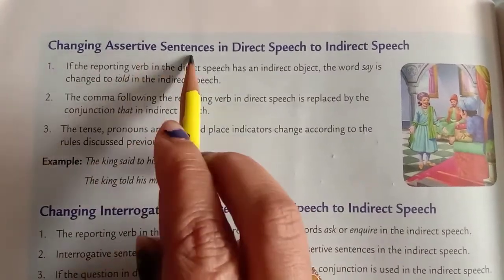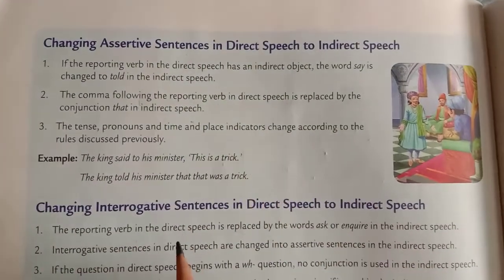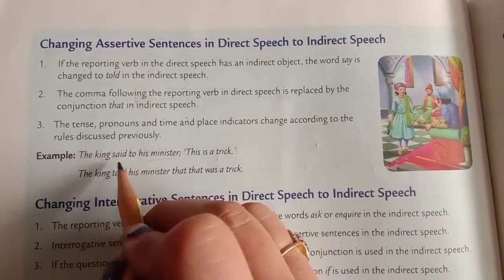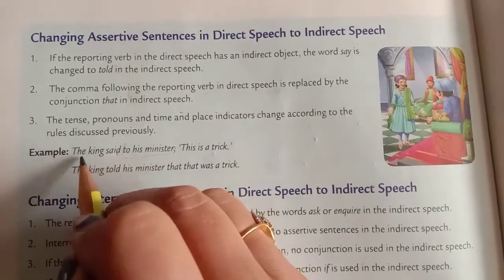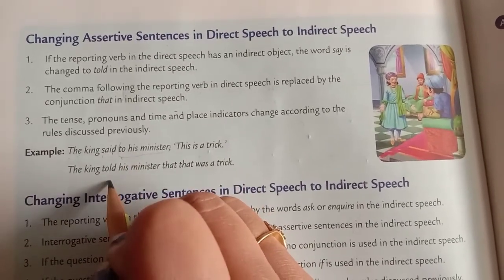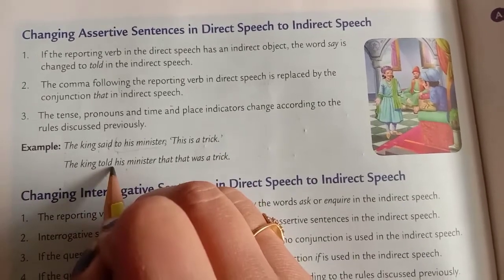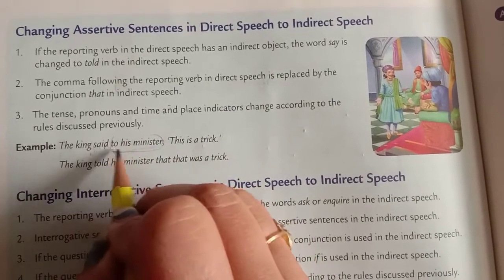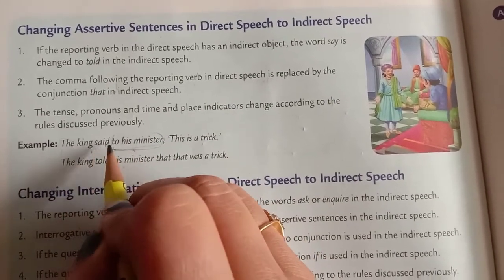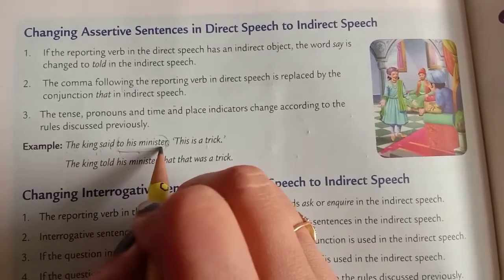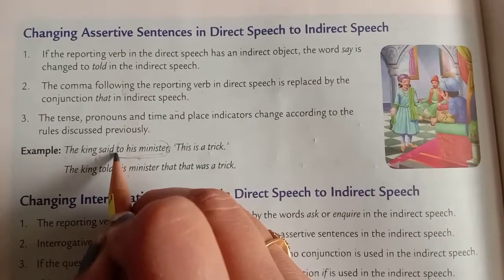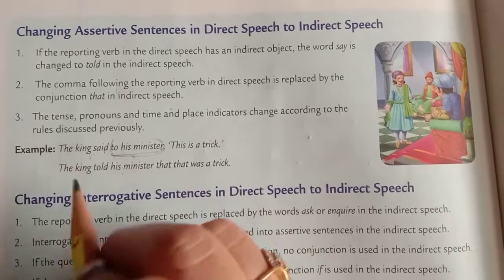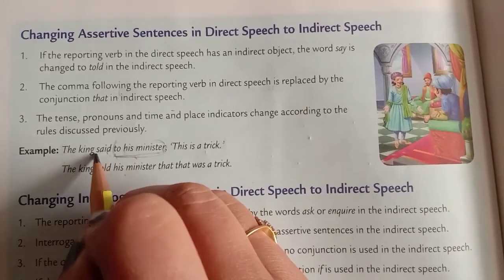So for assertive sentences, meaning normal sentences with a full stop at the end: if we have an addressee over here, meaning an object for the speaker said. If it is just the speaker said, then in the indirect speech also we will say the speaker said, whoever is the speaker and whatever has been said. But if we have an indirect object, telling us to whom something was said, like the king said to his ministers, the teacher said to the students, then in indirect speech we don't use the word said.